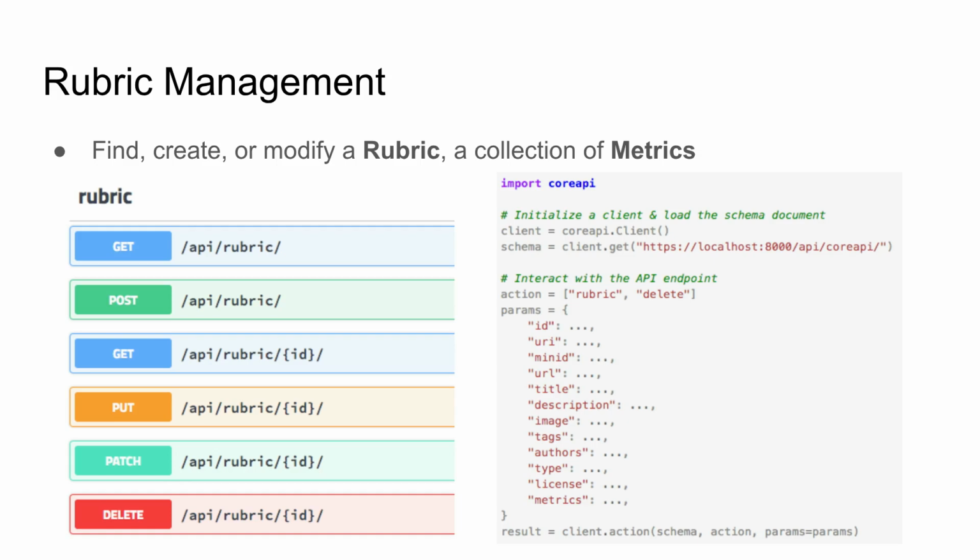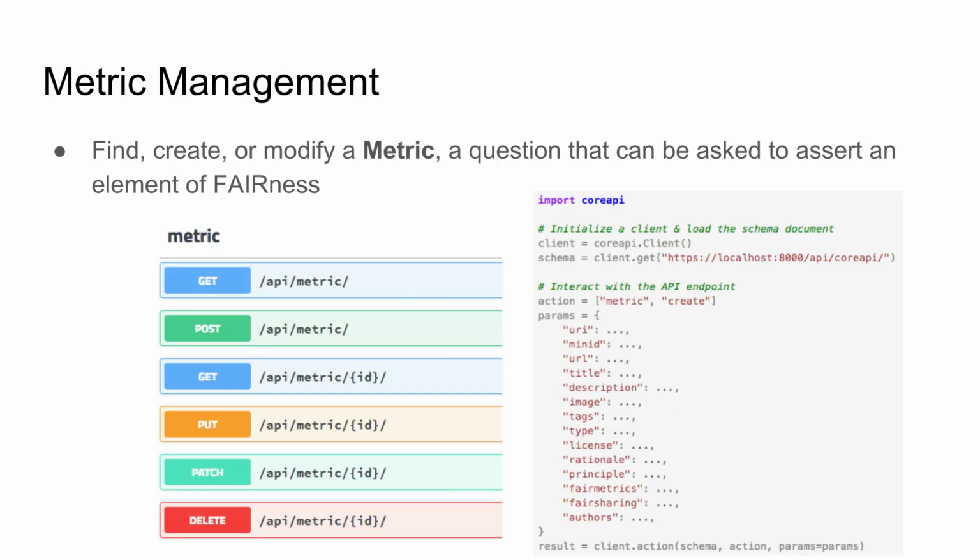Rubrics are collections of metrics, which are questions we want to ask about the fairness of a given object. Rubrics have a many-to-many relationship with metrics, enabling different communities to figure out which metrics make sense for them. The Metrics Management API enables users to find, create, and modify metrics, the questions which can be asserted on an element of fairness.